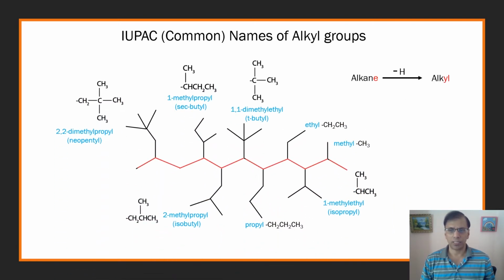So let's learn how to name alkyl groups. I have covered this extensively in my previous videos on functional groups and on naming of alkanes. So you may want to look at those videos, but I'll briefly go over this very quickly.